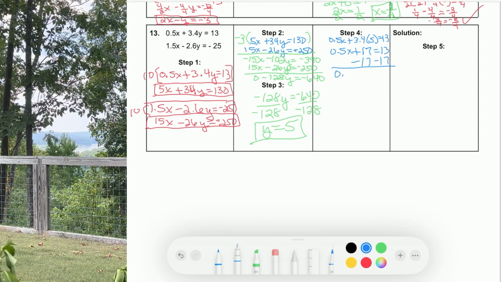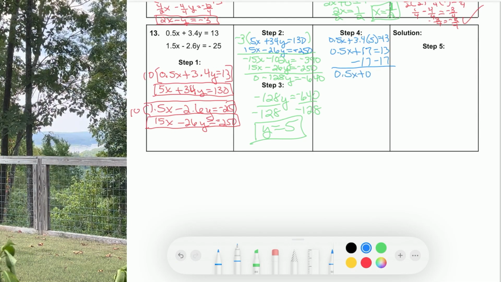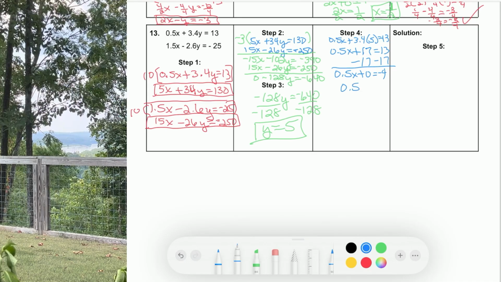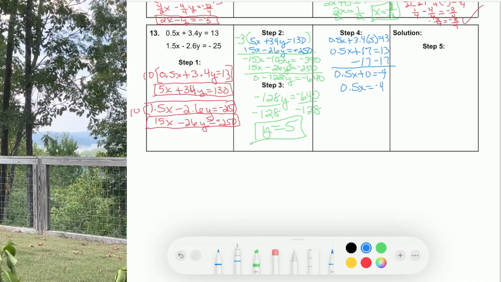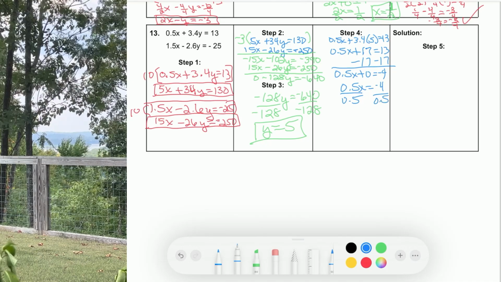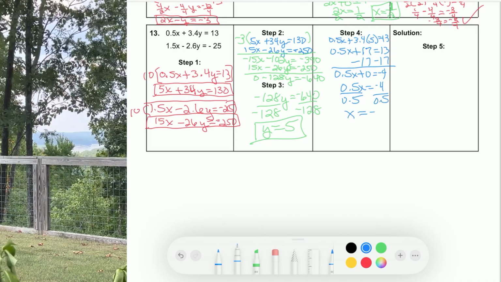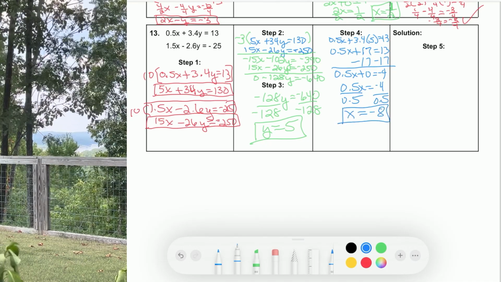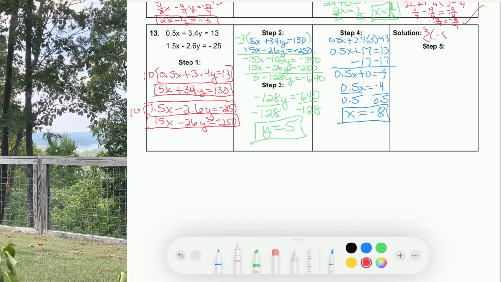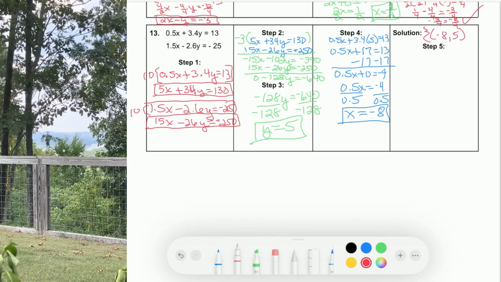I get 0.5x plus 0 equals negative 4. 0.5x equals negative 4. Divide both sides by 0.5. And I get x equals negative 8. All right, so let's write our solution. We get negative 8, comma 5.